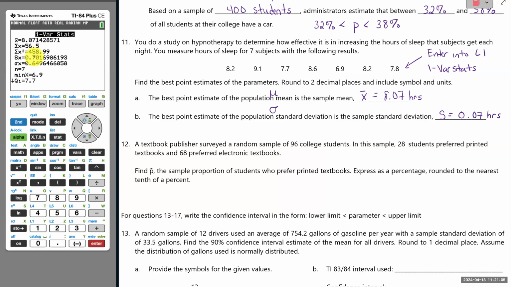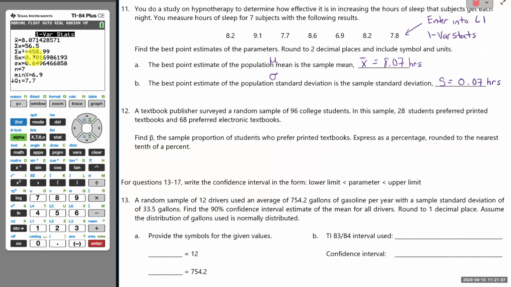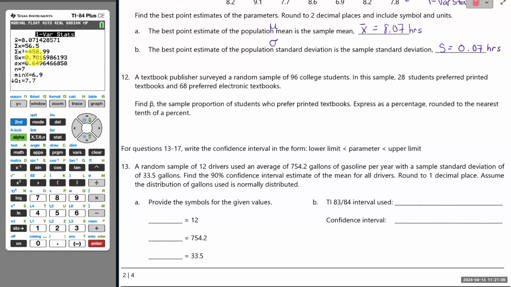All right, number 12. A textbook publisher surveyed a random sample of 96 college students, and in that sample, 28 students preferred printed textbooks and 68 preferred electronic textbooks. Let's find P hat, so that's the sample proportion, and they want the sample proportion who preferred printed textbooks.